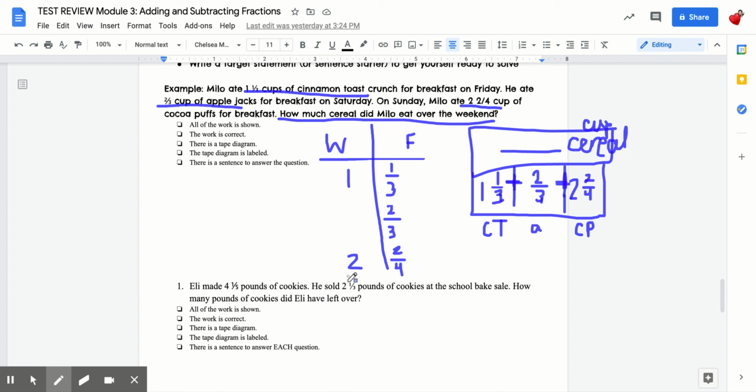Well, I know that the best way to solve this is going to be by putting it into 12ths, because I know that thirds and fourths make 12ths as their best units.